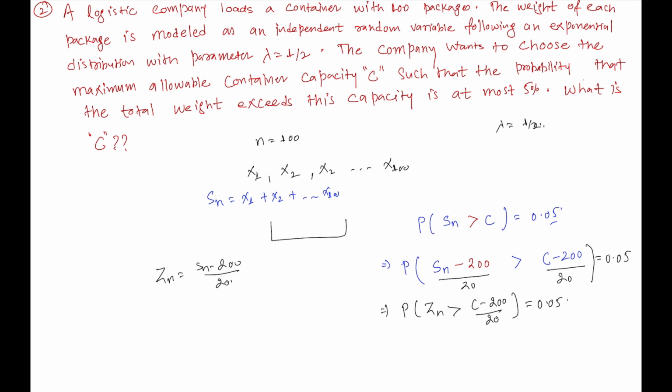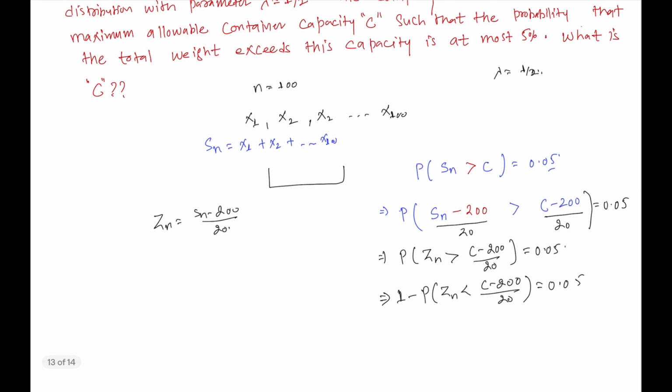Now from the central limit theorem, we can treat this Zn as a standard normal random variable. And this probability can be written as 1 minus the probability that this standard normal random variable takes a value less than or equal to C minus 200 divided by 20, and this is equal to 0.05.